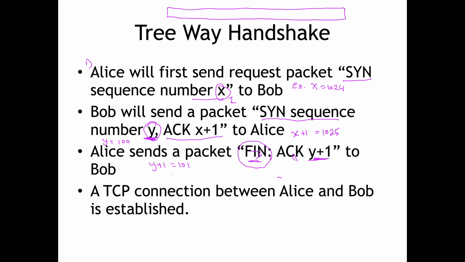This is our packet. A part of this is going to be header, and a part of this is going to be data. Now the header contains what we call metadata about the packet.